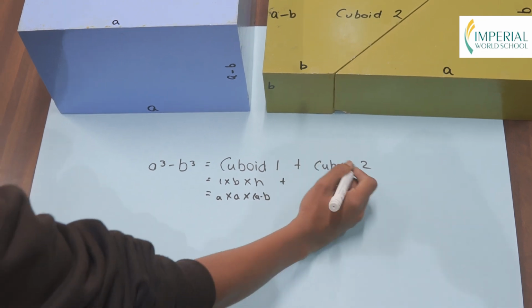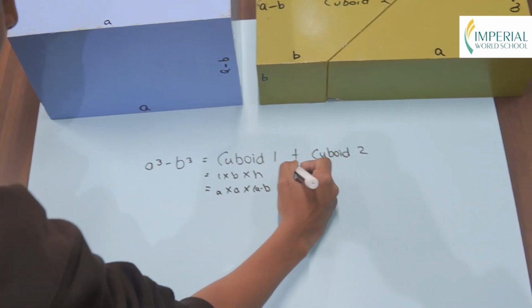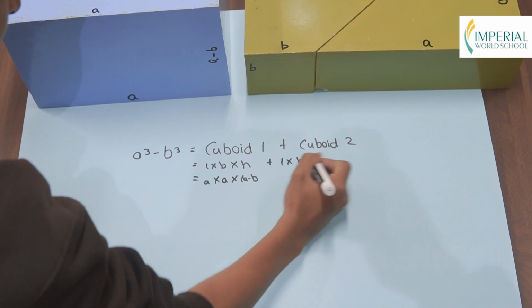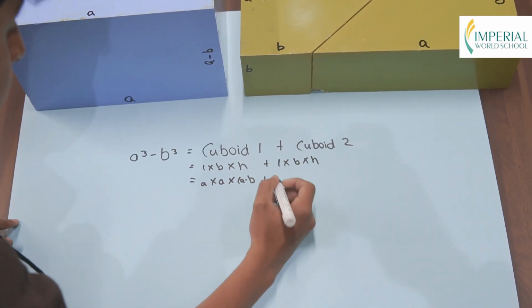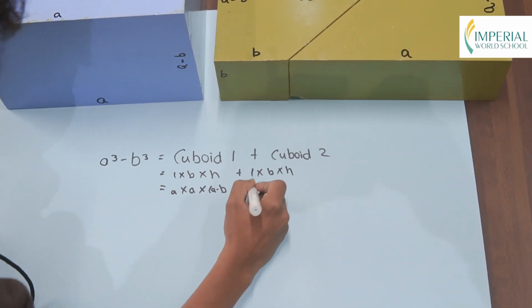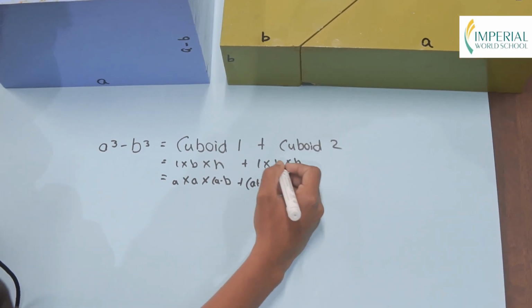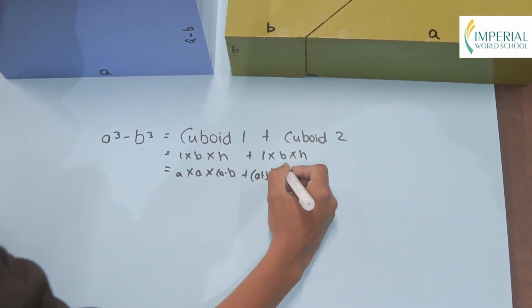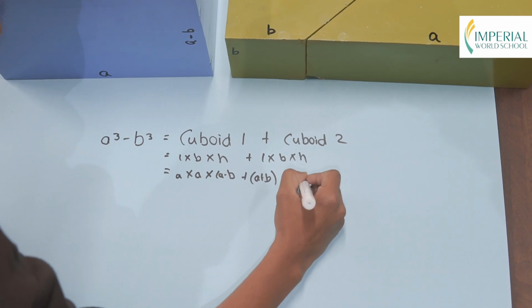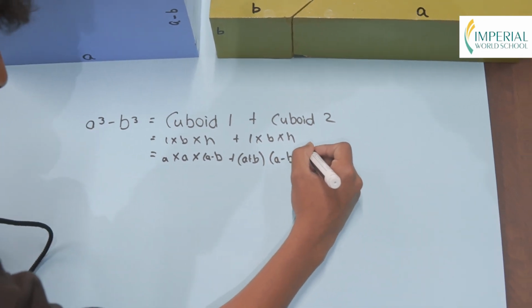And again for cuboid 2, we also have the length, breadth and height, which are a plus b into a minus b into the height, which is b.